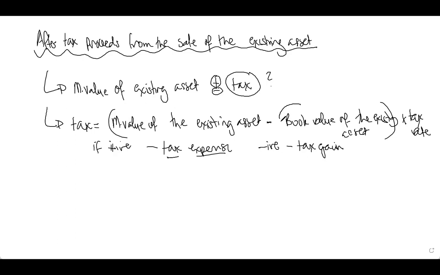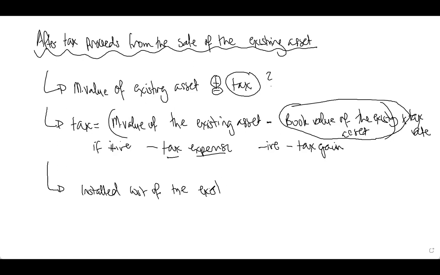And then lastly, sometimes we are not given the book value of the existing asset, and we have to calculate this. How do we calculate the book value of the existing asset? To get the book value, we just take the installed cost of the existing asset minus the accumulated depreciation.